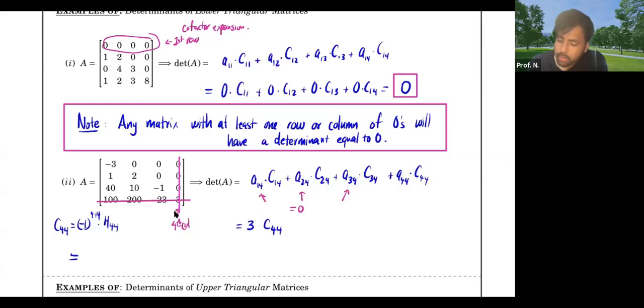So M44 is the determinant of -3, 0, 0, 1, 2, 0, 4, 0, 1, 0, -1. Now the question is, what's the determinant of this 3 by 3 matrix? Which row or column do we do cofactor expansion upon?